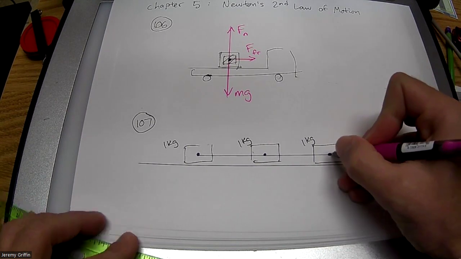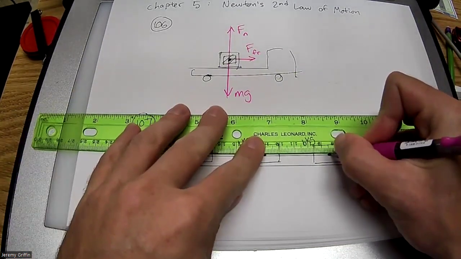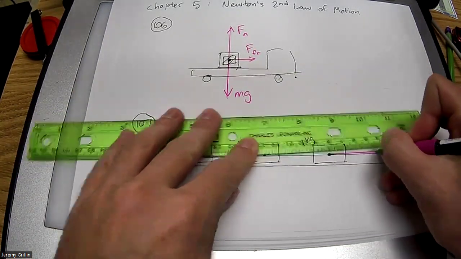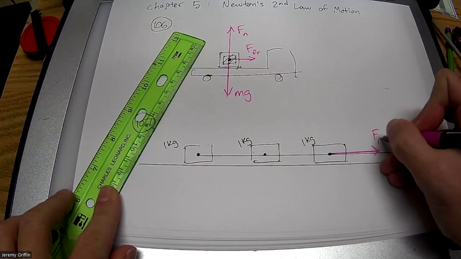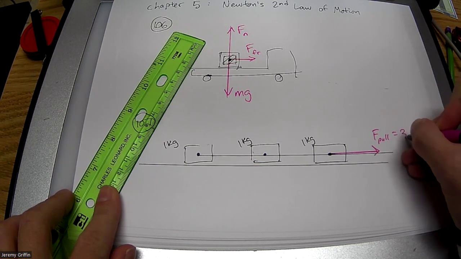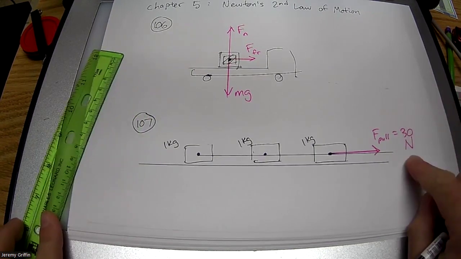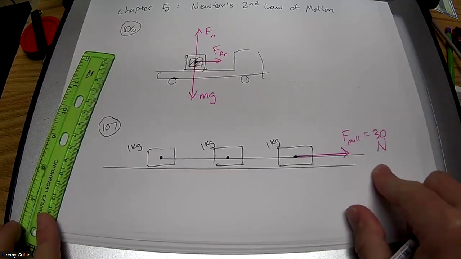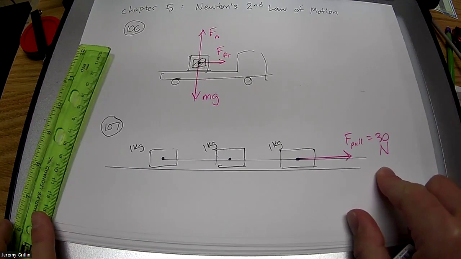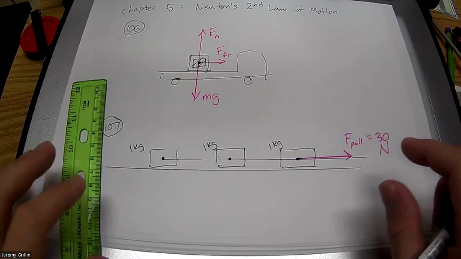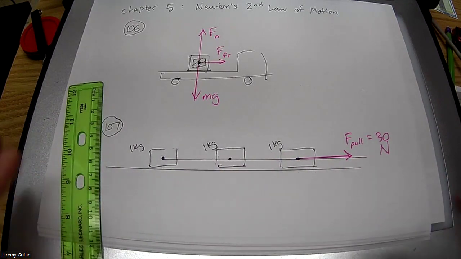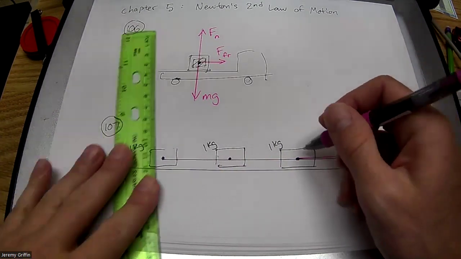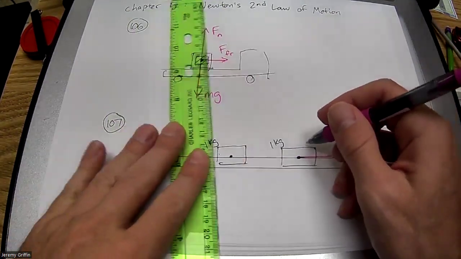Let's get some forces. So I know this guy's pulling 30 newtons of force. I'll call it F pull equals 30 newtons. Guys got that? Now I know that there's a tension here and there's a tension here. Maybe you can kind of reason it out, but let's do some vertical forces just for completion.